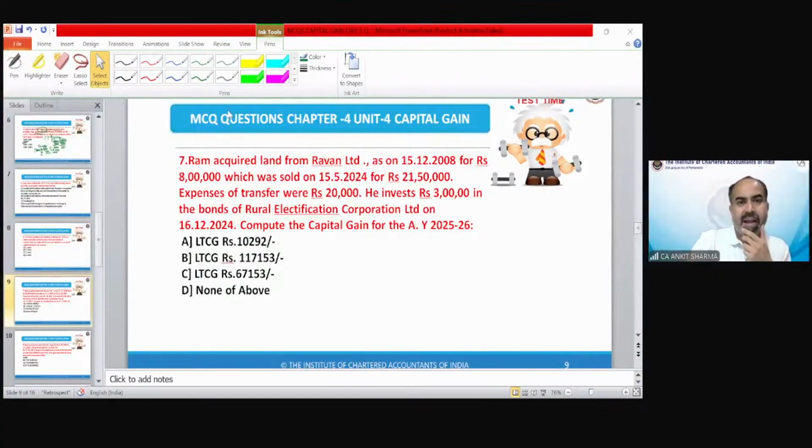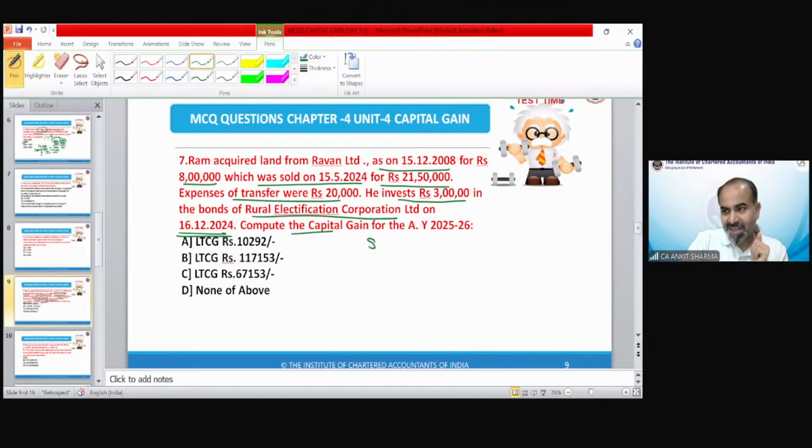Ram acquired land from Ravan on 15th December 2008 for rupees 8 lakh, which was sold on 15/5/2024 for rupees 21,50,000. Expense on transfer was 20,000. He invests rupees 3 lakh in the bonds of Rural Electrification Corporation Limited on 16/12/2024. Compute the capital gain.